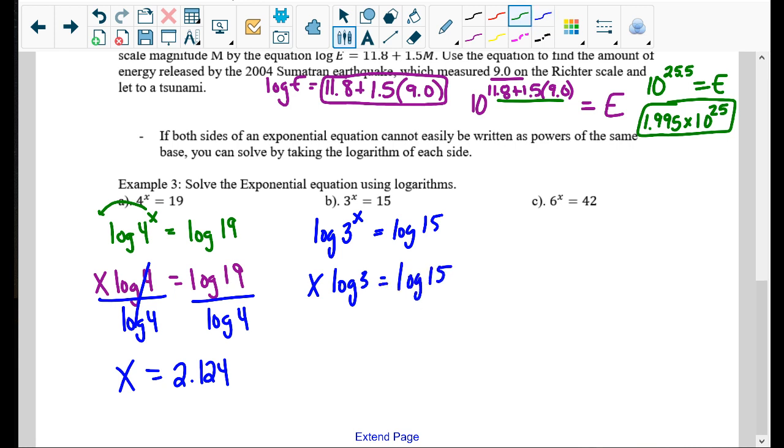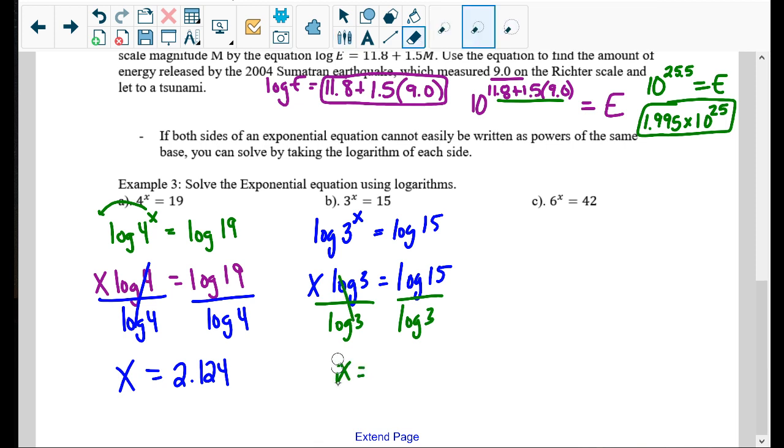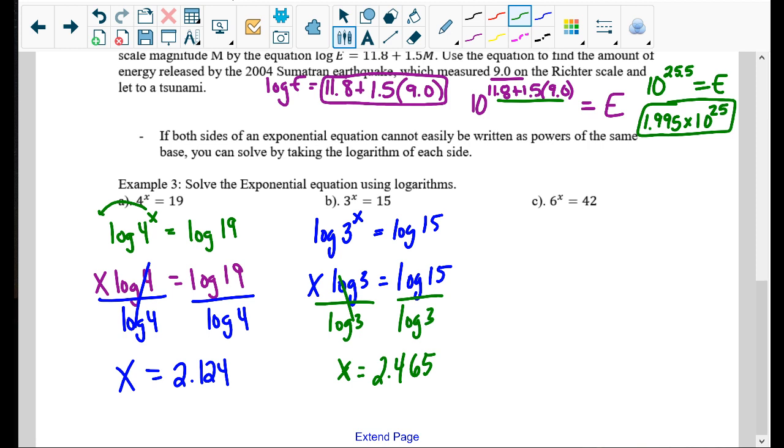Now we divide by log of 3 on both sides. Those cancel. X is going to equal log 15 divided by log 3, which is 2.465, for letter B.